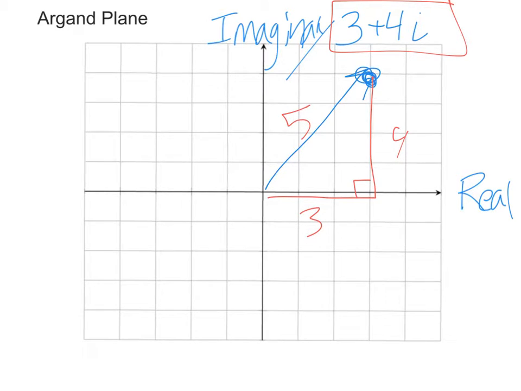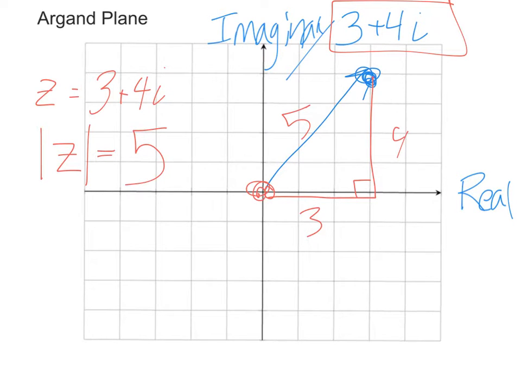Let's say z is equal to 3 plus 4i. They're going to ask us to find the modulus of z, and that is how far you are from the origin. We just saw that this is a 3, 4, 5 triangle, so the modulus of z ends up being 5. We'll talk more about how to do that systematically.